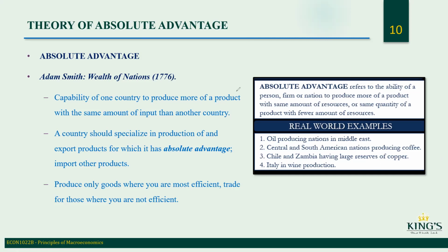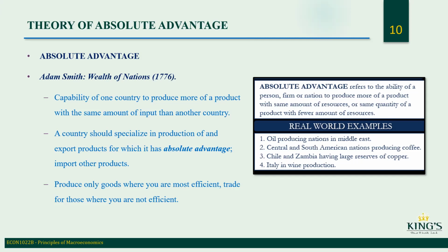So the issue with that is that you're not trying to find a low cost producer. So if you can get something cheaper by getting it produced somewhere else, then do that.